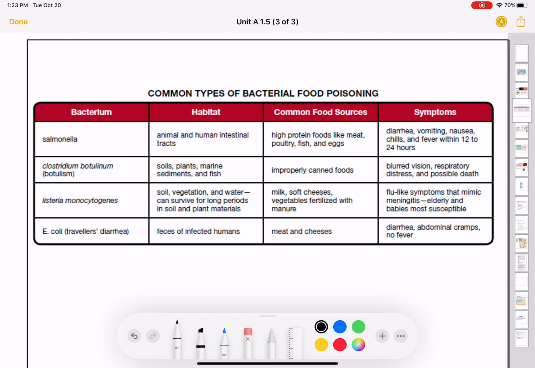Listeria, I remember there being a listeria outbreak, I want to say at Maple Leaf. I'm not very good at meats, but I believe they had a listeria outbreak in their factory, so many people who ate meats, like deli meats from the factory, were getting listeria, which is flu-like symptoms that mimic meningitis, and the elderly and babies are most susceptible to it.